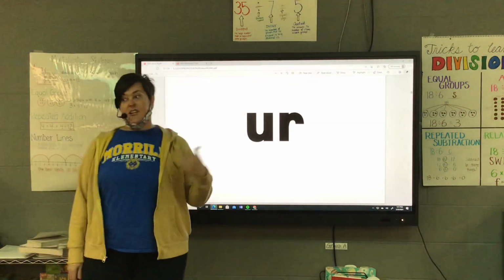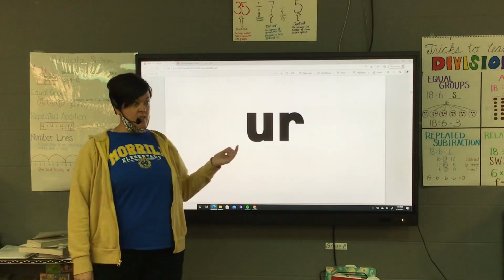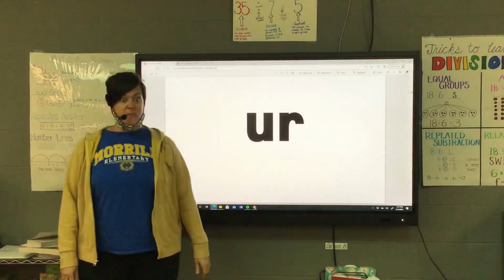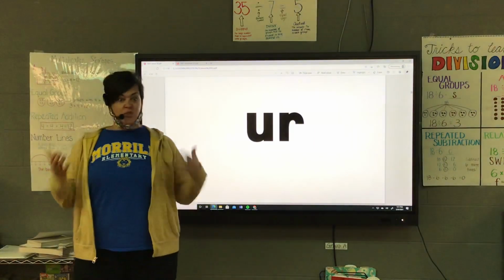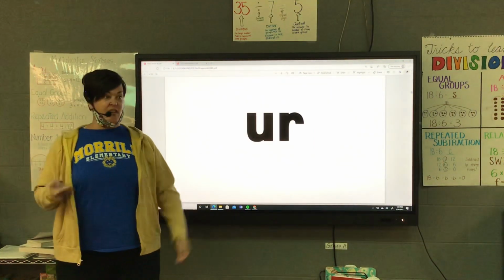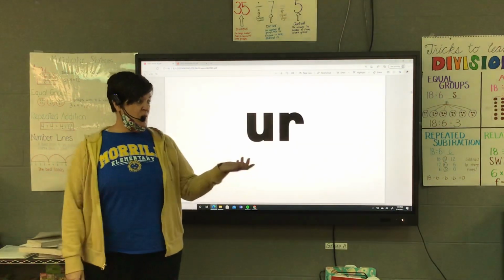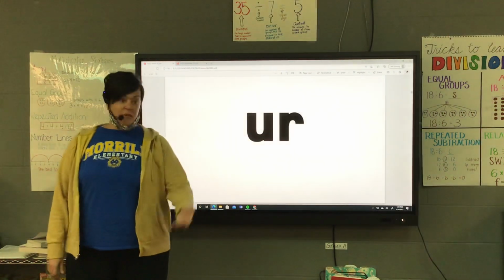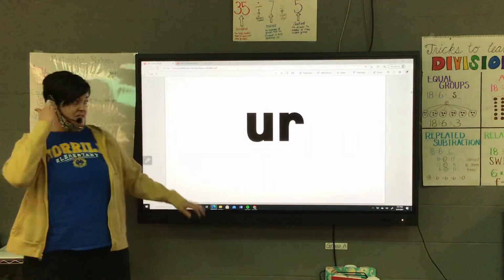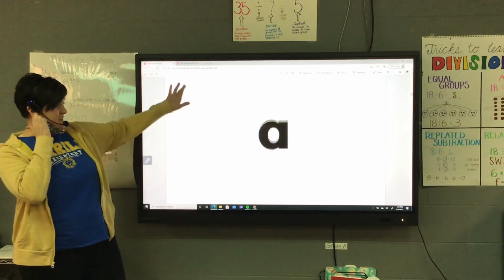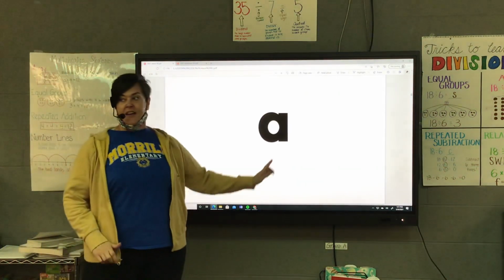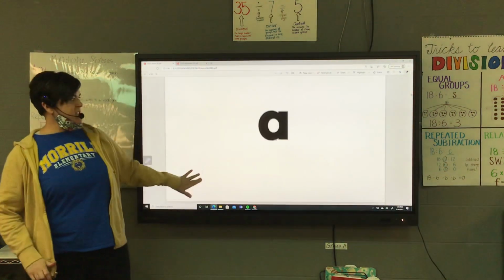Now, it's going to start getting tricky when we're writing words that have the sound in the middle of them, isn't it? Because there's no specific rules for whether it's IR or UR or possibly ER. A. Which one is the short sound?